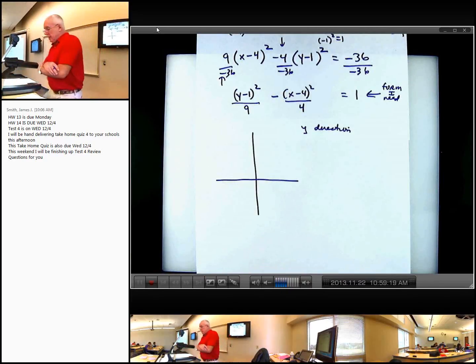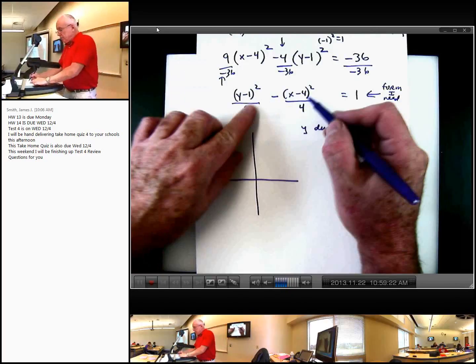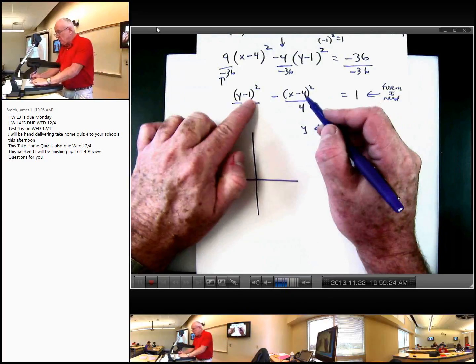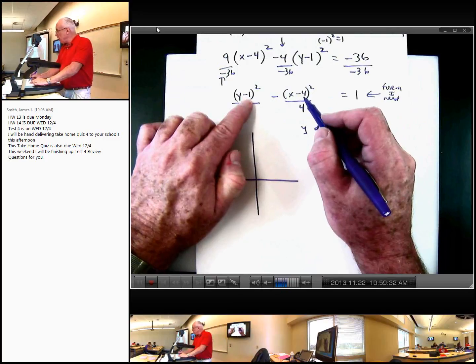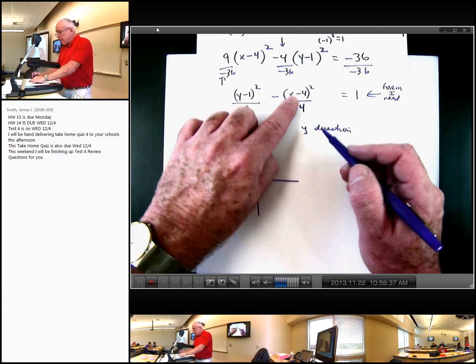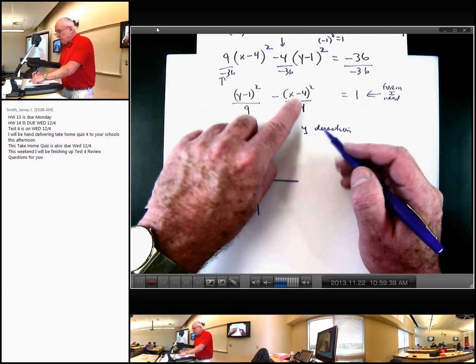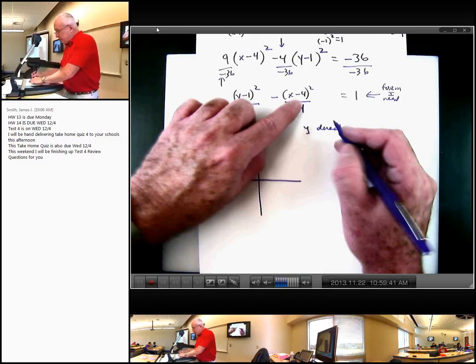Okay. Now, these numbers right here, this minus 1 and minus 4 right here, these are going to give you the center of the hyperbola around which it's all kind of symmetrical around. Now, this is our x, this is our y, so be careful. Remember, it's opposite signs.